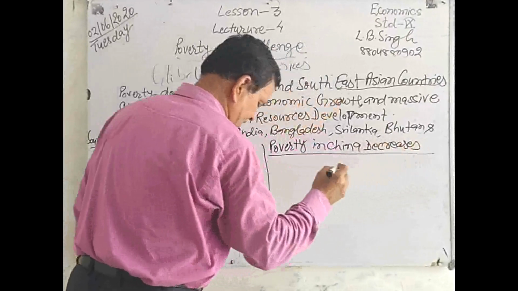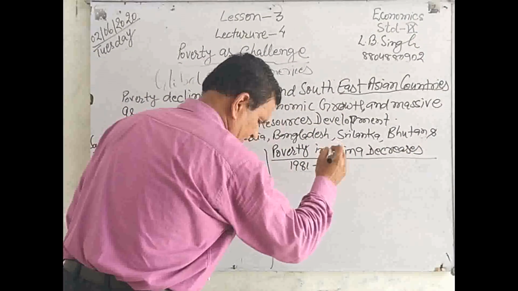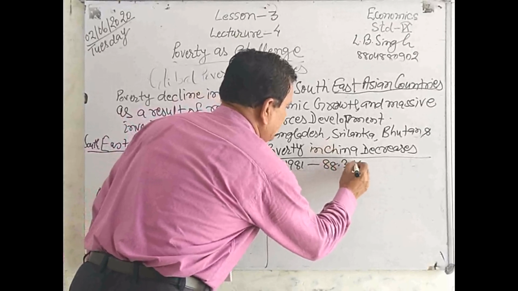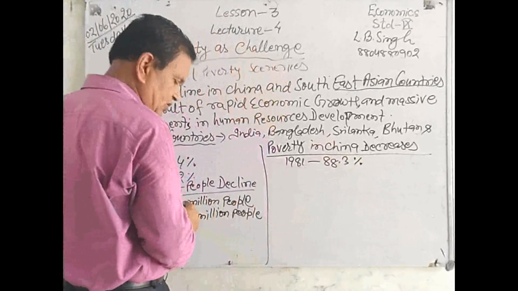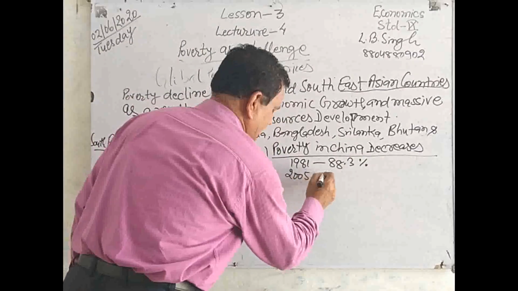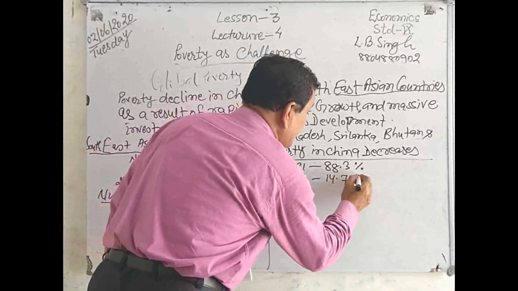Data will show that. That means in 1981 there were 38.3% poor people in China, while in the data of 2005, they became 14.7%.